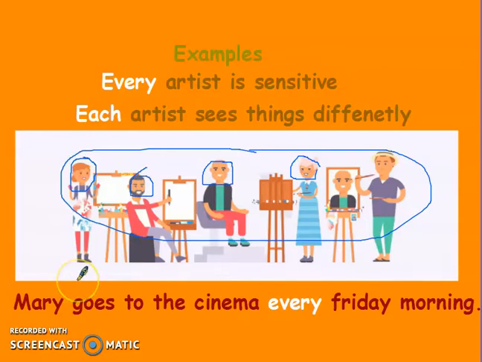Another usage of every is the regular repeated event. حكينا الأحداث المنتظمة اللي تحدث دائما. For example, Mary goes to the cinema every Friday morning. Here we use every to talk about the repeated event. إنها دائما تذهب إلى السينما في صباح يوم الجمعة.